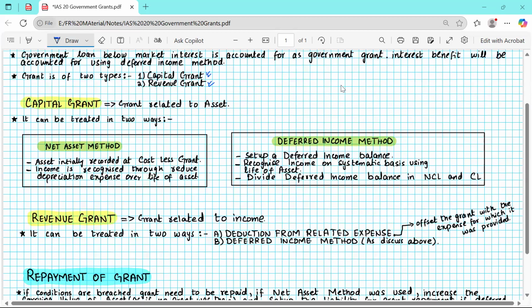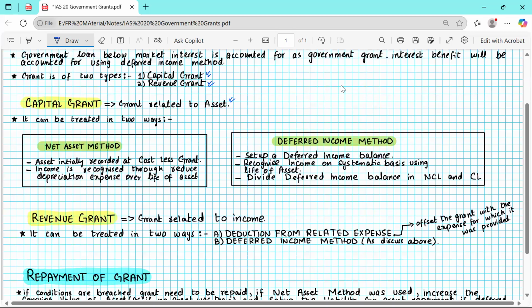Now, what is the capital grant? You can clearly see here, I have written in front of that: grant related to asset. So basically, government has assisted you in respect of some asset. Let me give you a very simple explanation.